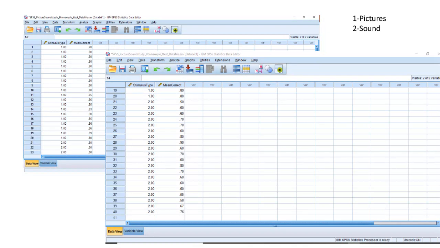You have 20 participants who viewed pictures in one group, and 20 participants who listened to sounds in another group. So in total, you have 40. And mean correct is just the dependent measure of how many they got correct for each participant. Proportion correct, yeah. So it'd be like 28 over 40 or 30 over 40, and that's why it's 0.60 or 0.80.